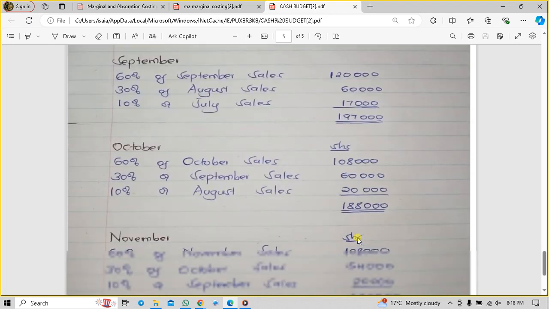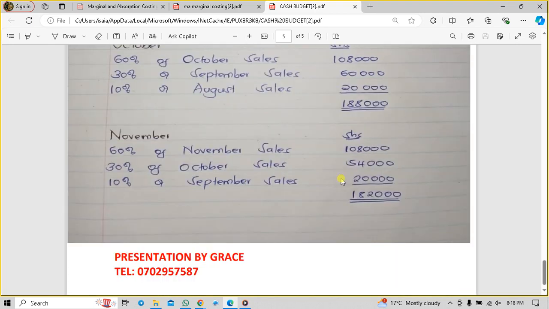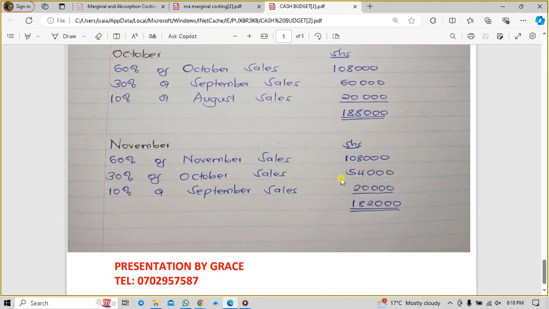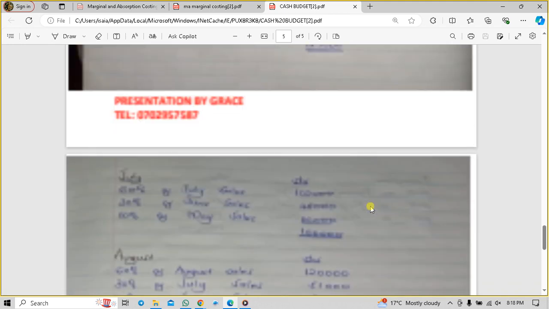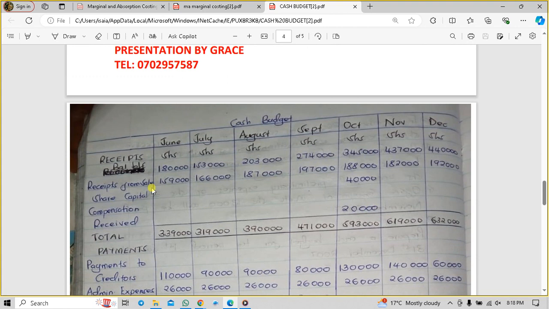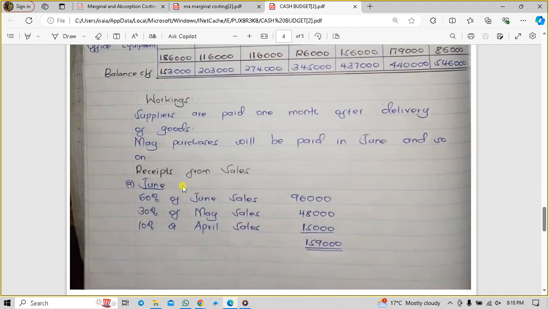So you're going to consider all those sales up to November. November, we have 182,000. So all this money that you're receiving, we are writing here. Receipts from sales. So in the month of June, we are going to write 159,000.